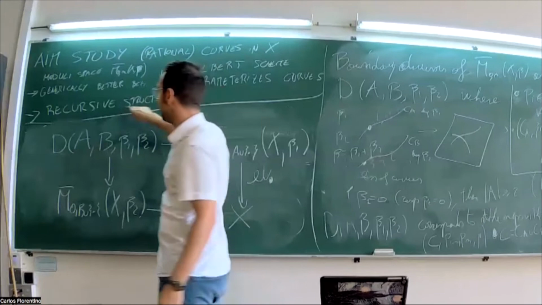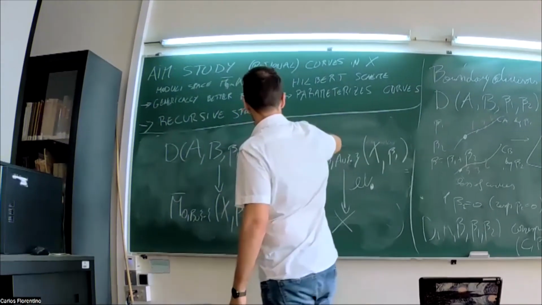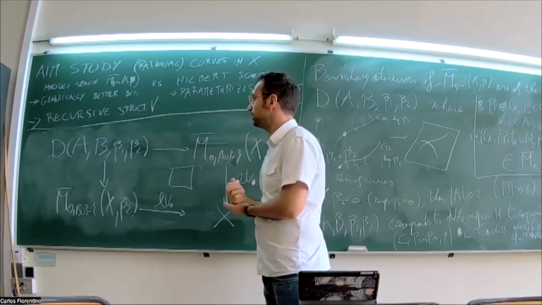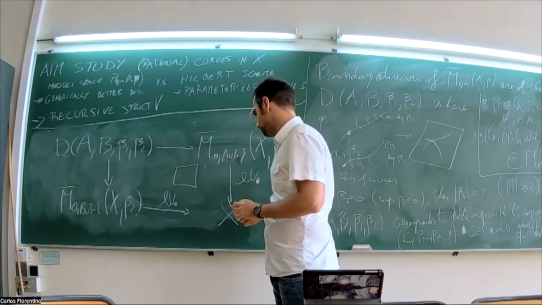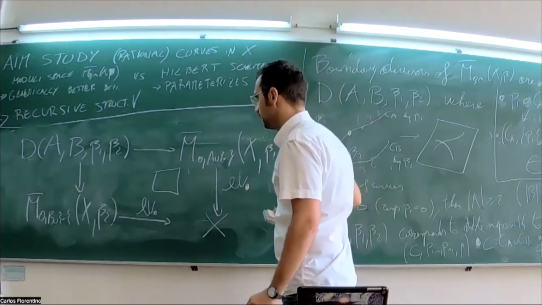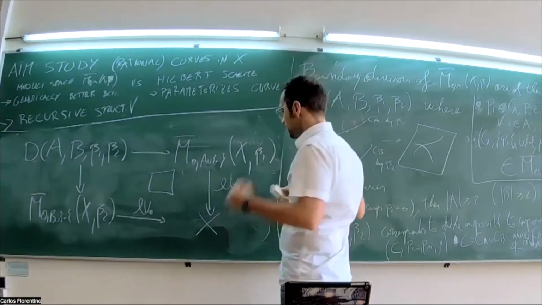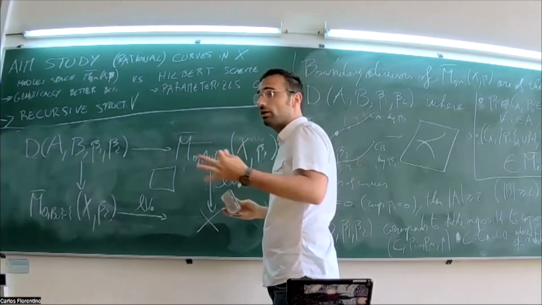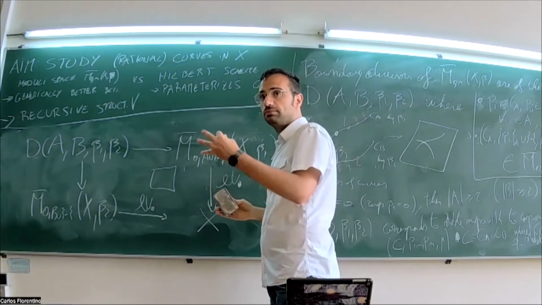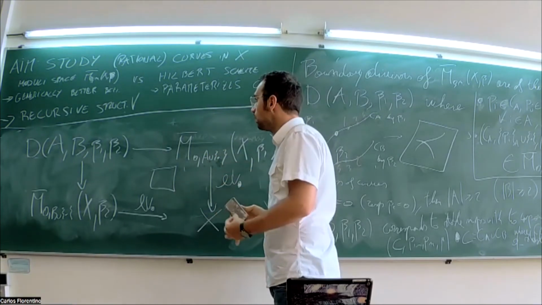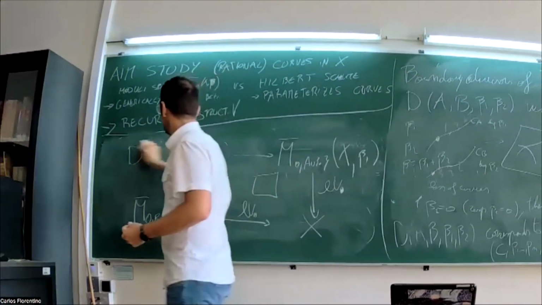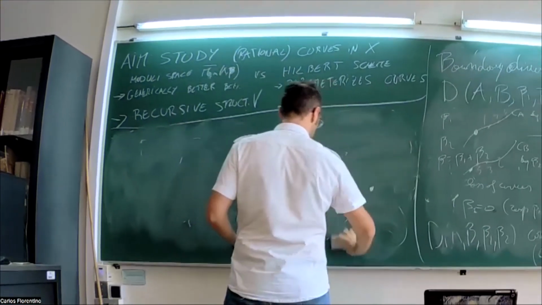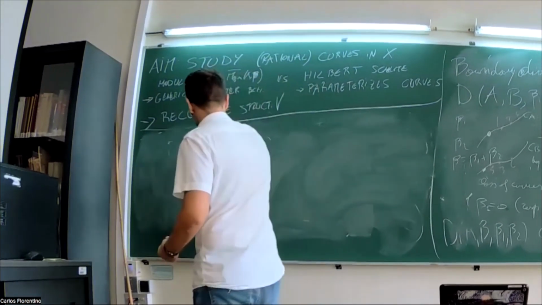So now we understood what this means, and what I mean when I say generically better behavior. Well, in the first theorem, I gave you that the space M bar is purely of a fixed dimension. Let's see an example, and let's see in the same example how the Hilbert scheme behaves.